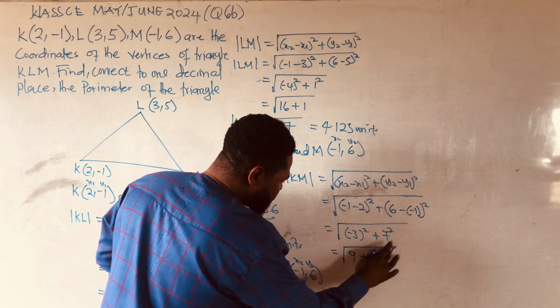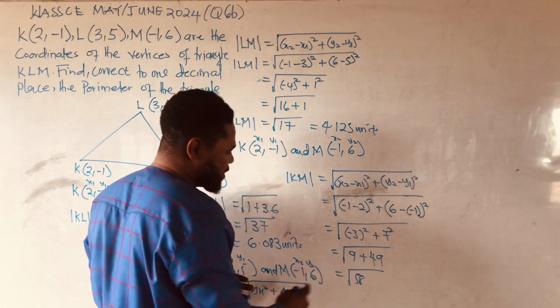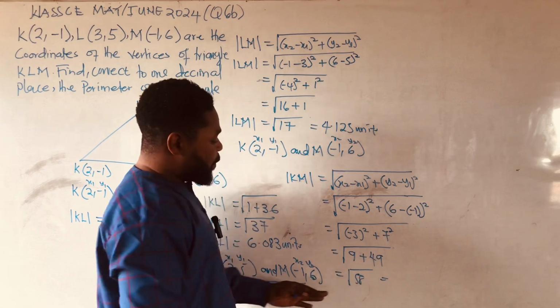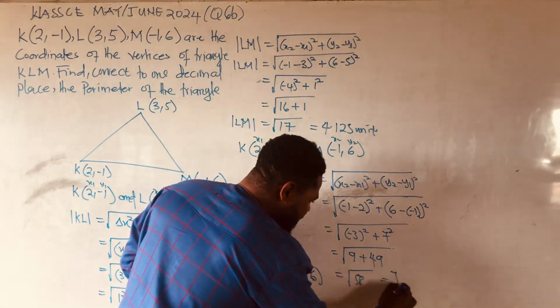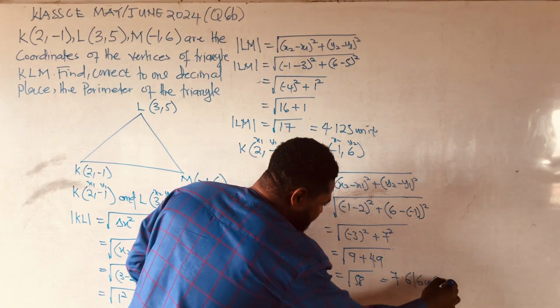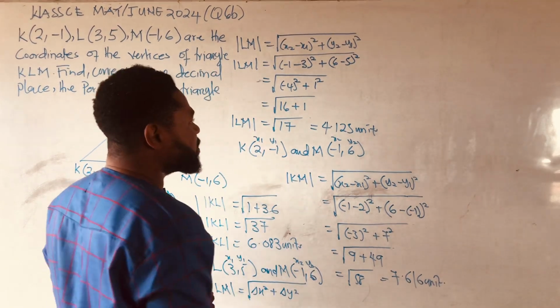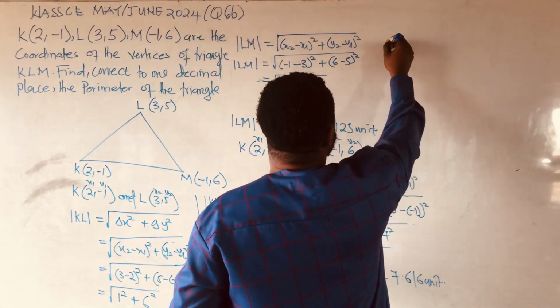We add this, which gives us 58. Then we find the square root of 58, and that will give us 7.616 units.